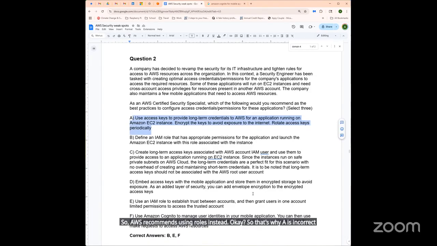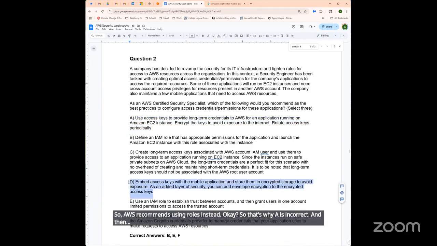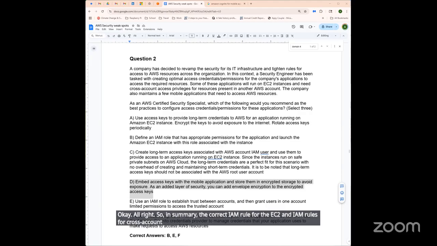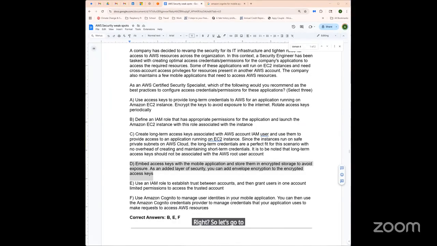And then D, embed access keys. Well, that's not a good one. Embedding credentials in an app, even encrypted, is insecure and violates AWS best practices. All right. So in summary, the correct answers are the IAM role for the EC2, IAM roles for cross-account, and Cognito for mobile, right? So let's go to the next one.